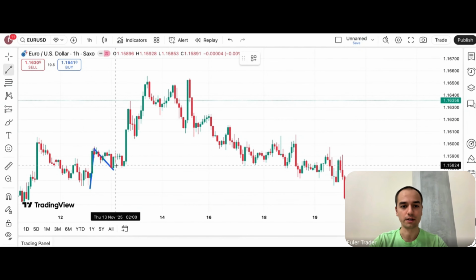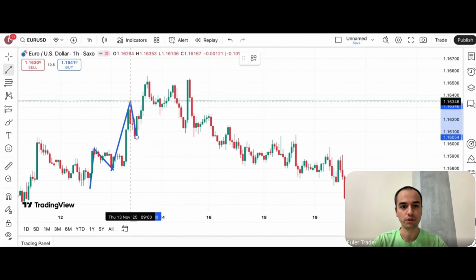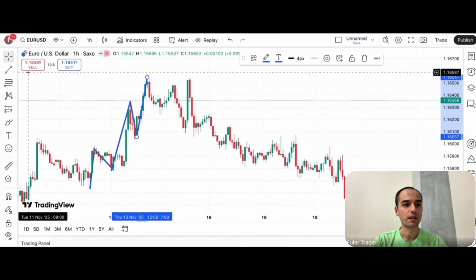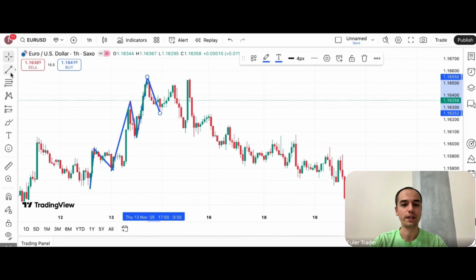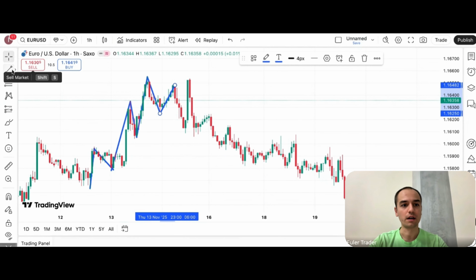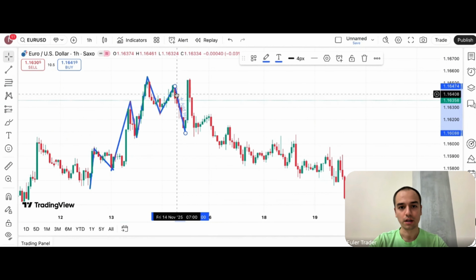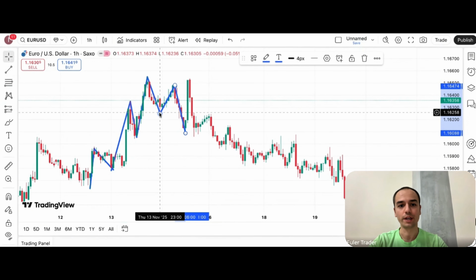We have consequently higher highs and higher lows. That's what we are seeing until we start seeing here a lower low, and that's where we have our break of structure.